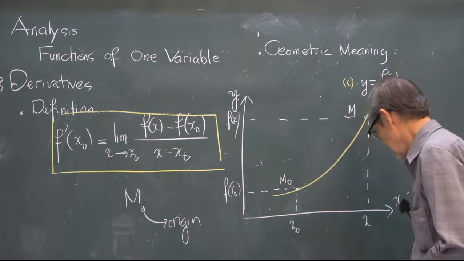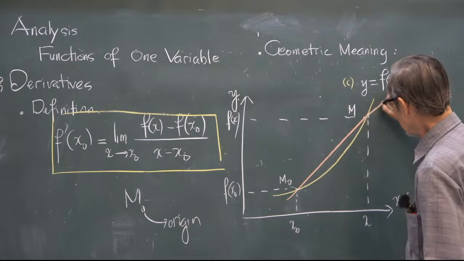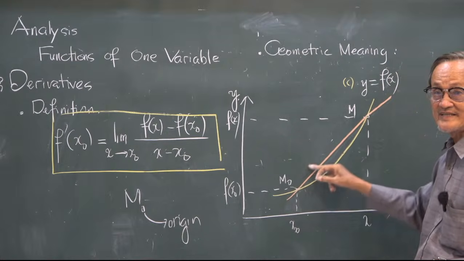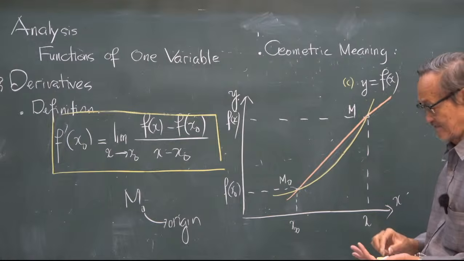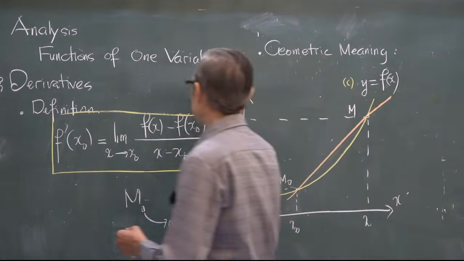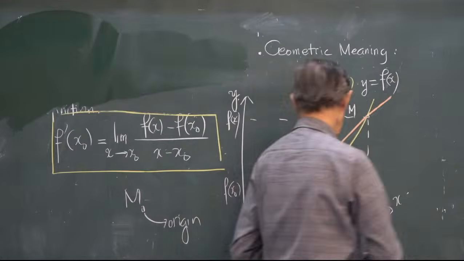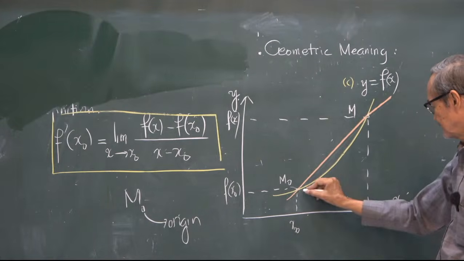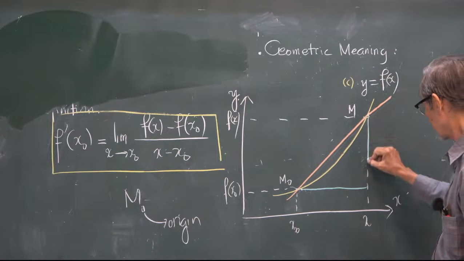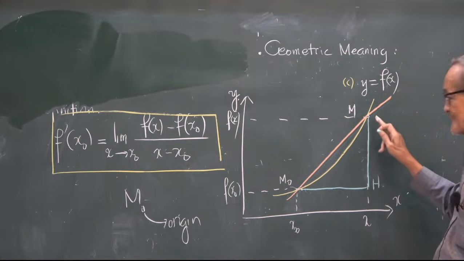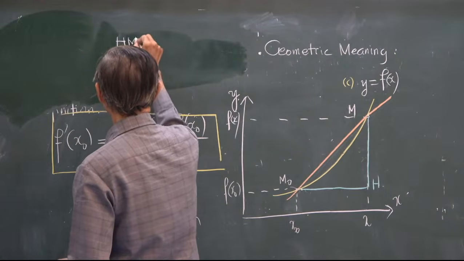Now we consider a straight line containing M0 and M. Straight line. Okay. We have HM algebra.